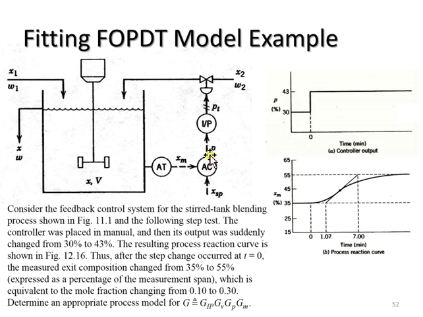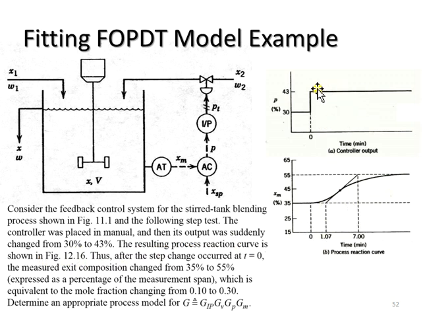So we open this point, and then we change the controller output from 30% to 43%. The resulting process reaction curve is shown in this figure.